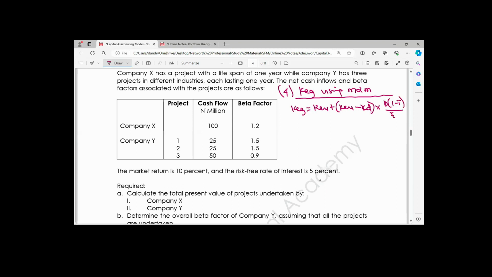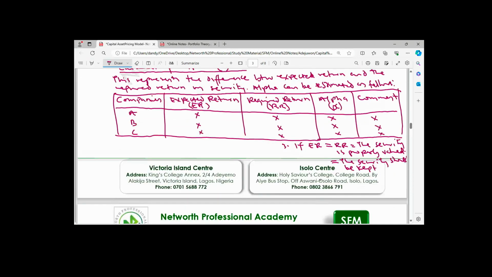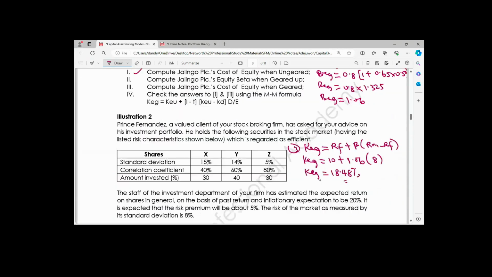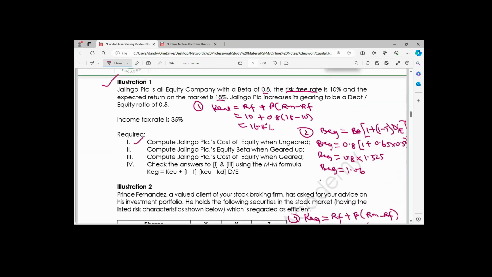We use this formula when we had the asset price, when we had the adjusted present value. So the cost of equity on ungear we calculated as 16.4. Let me confirm. Yes, 16.4 is what we calculated.